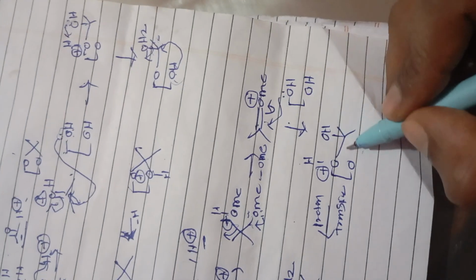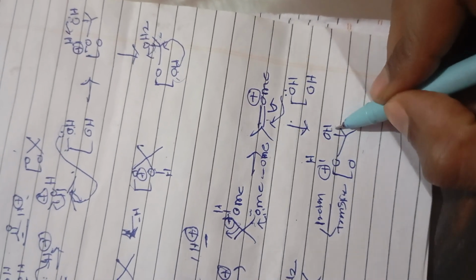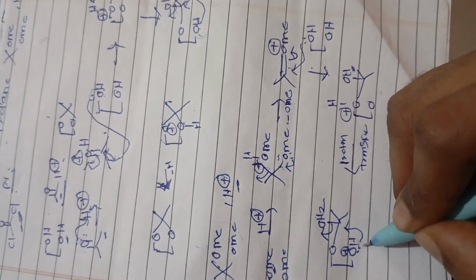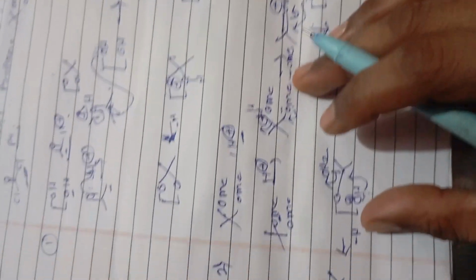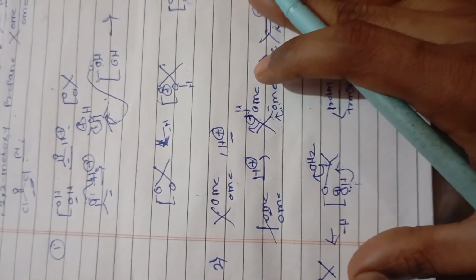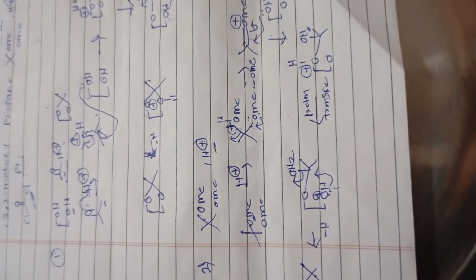In the next step, proton transfer takes place: this OH becomes OH2 to make it a good leaving group. Again the lone pair attacks this carbon, the OH2 group is removed and you get the protonated form of your protected diol. This is the mechanism in the presence of 2,2-dimethoxypropane.